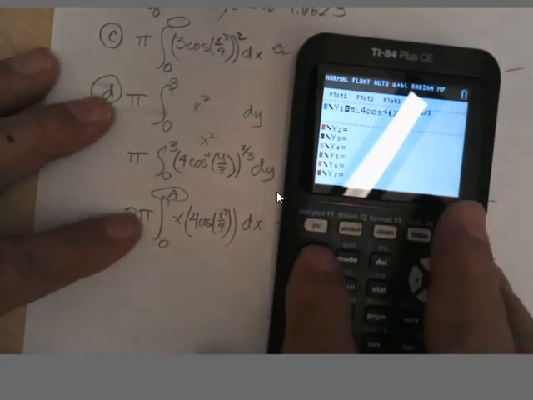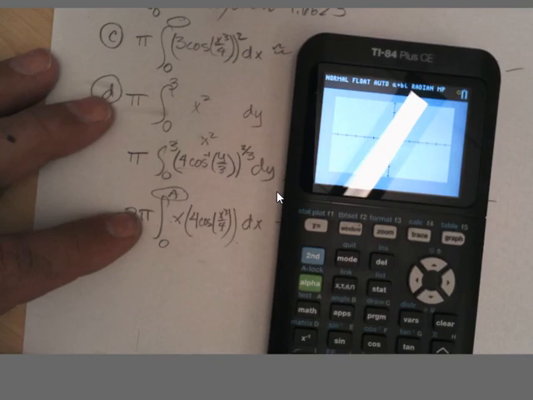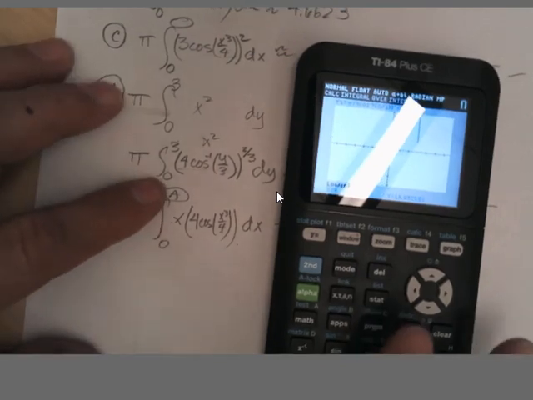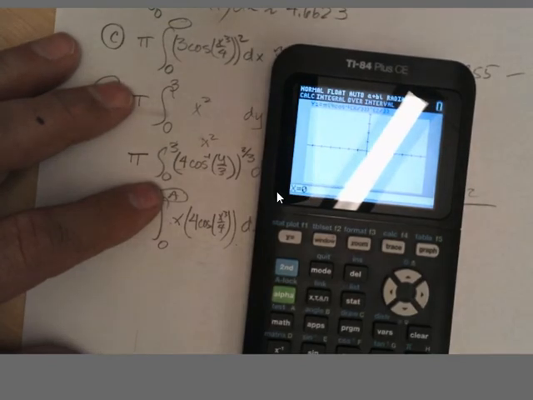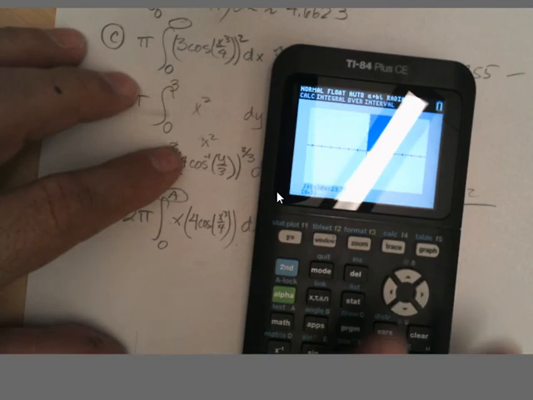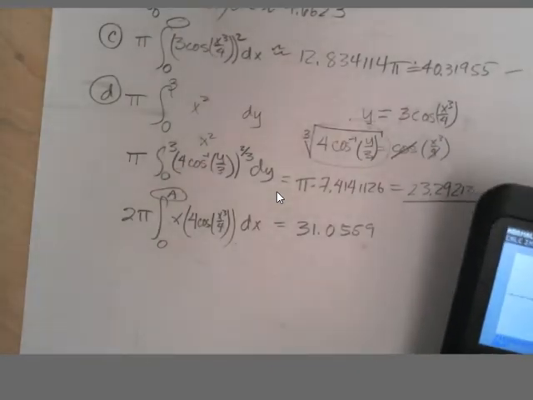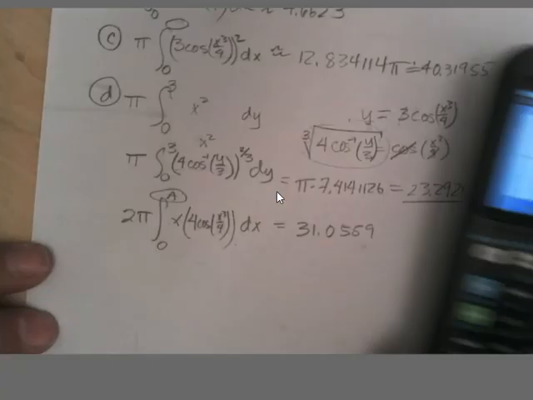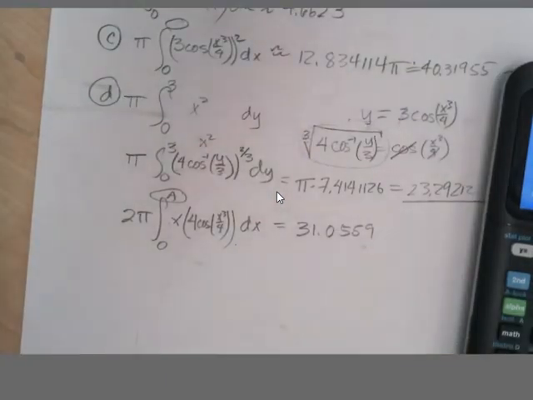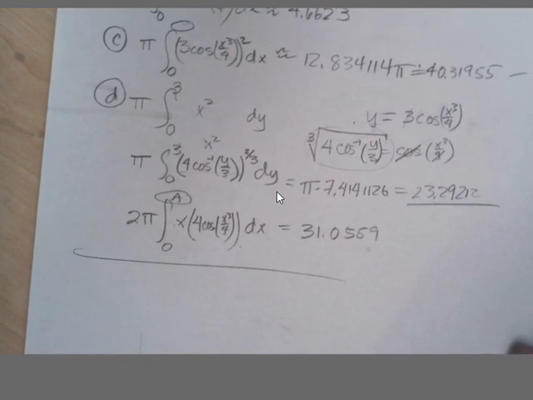Let's see. Second, calculate 7, so it'll draw the graph. And I want to calculate the area from 0 to 3. 23.29. I'll have to think about this one. Why isn't that working?